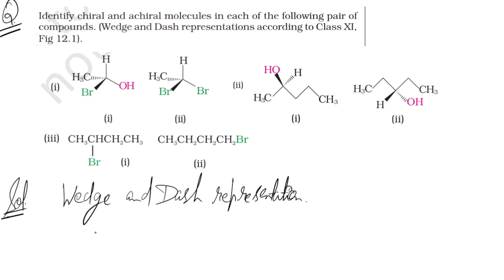To draw any organic molecule, the atoms are arranged in 3D space. So one atom will be in the plane, another above the plane, and some different one below the plane.